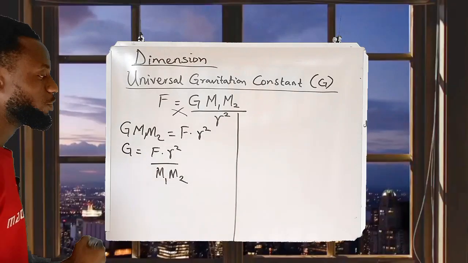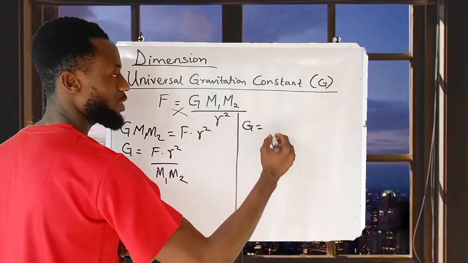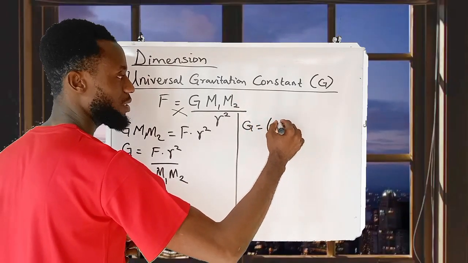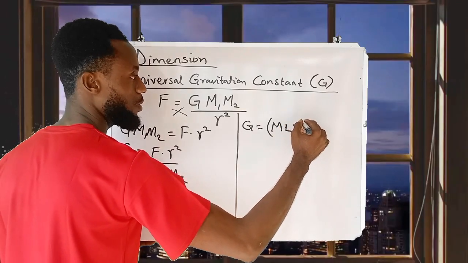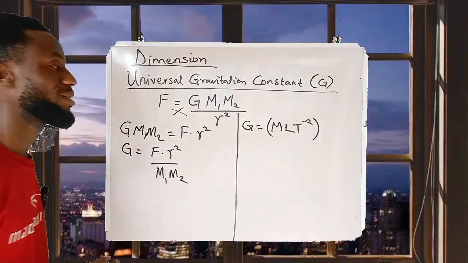We already know the dimension of force. So dimensionally, force is mass times acceleration. So in bracket, we are going to have mass times acceleration, which is LT minus 2, multiplying radius, which is distance.